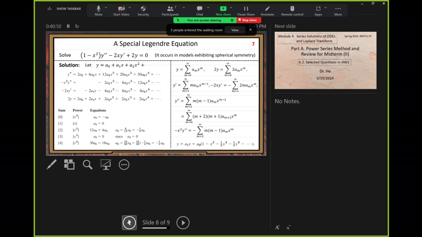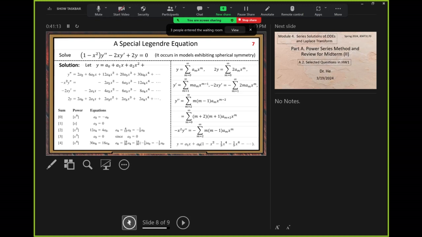This is a good solid solution. The only thing is that you can only do operations in the convergence interval. That's the only limitation or restriction. It's not valid everywhere.